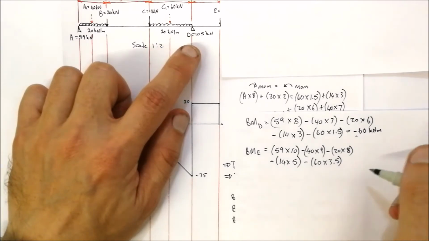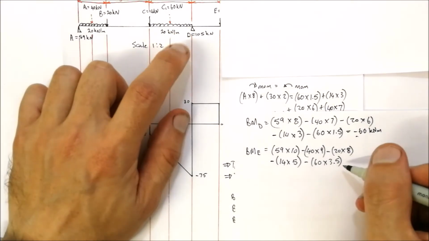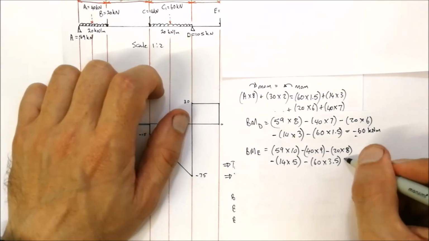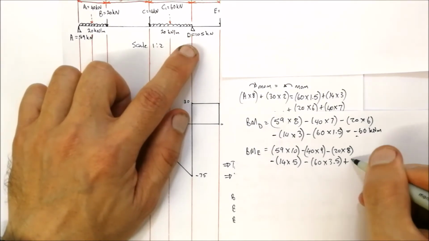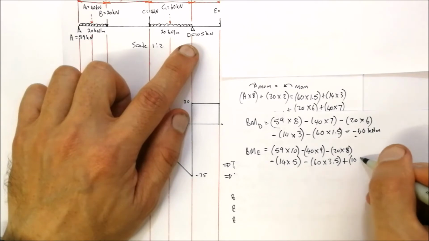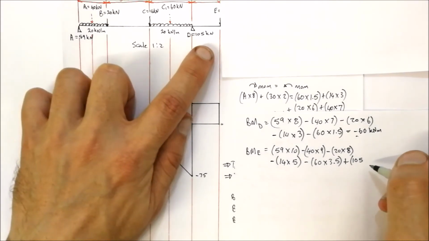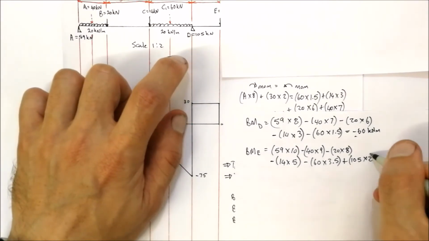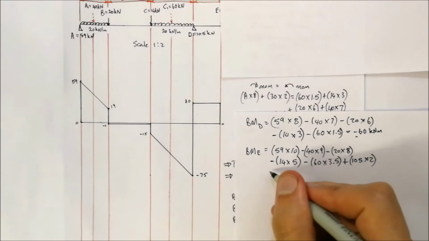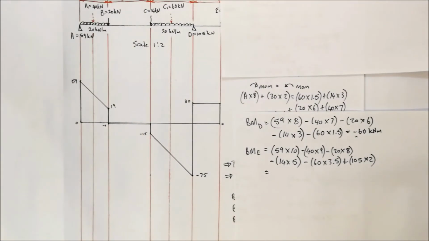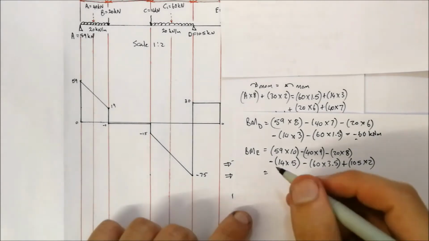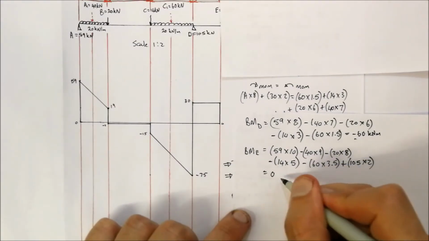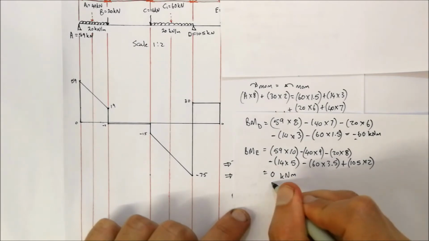Then we've got D. D's force acts upwards, so that's a positive force, not a negative force. That's 105 kilonewtons, at a distance of 2 meters away. Now we calculate that, and we will get an answer of 0 kilonewton meter.